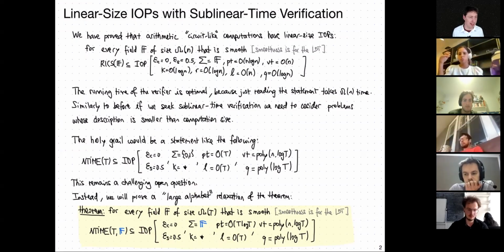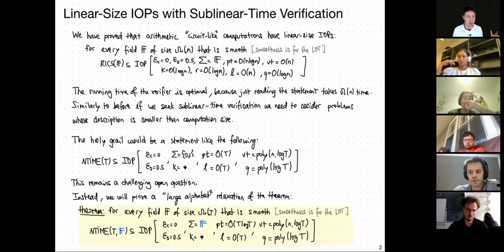statements are actually exactly the kind of statements that are used in the real world for things like roll-up architectures in Ethereum, where you have some small program that describes the roll-up state transition, and there is a large non-deterministic witness, which is the batch of transactions being processed in a roll-up batch. And you don't want the smart contract to verify a short proof in a long amount of time.